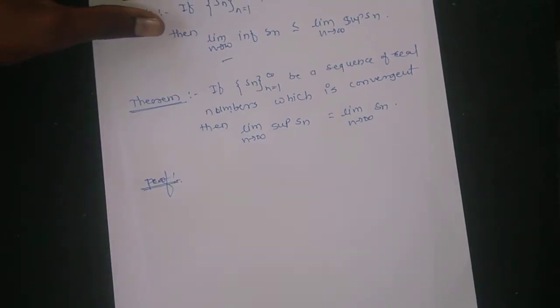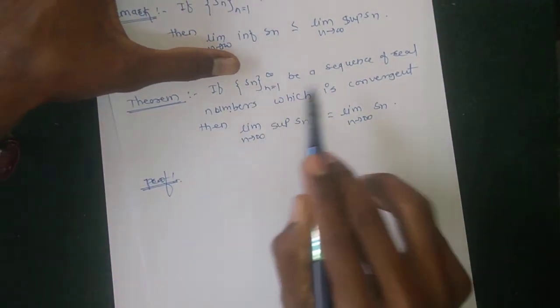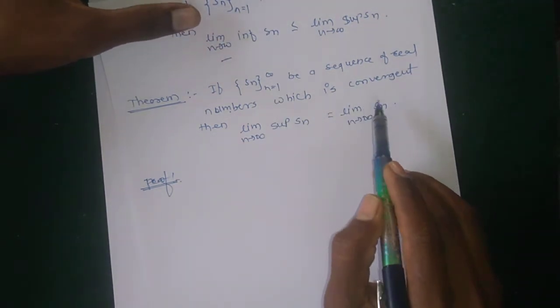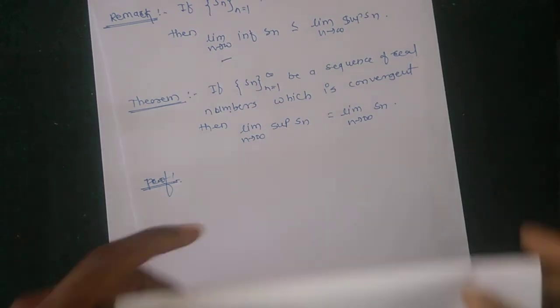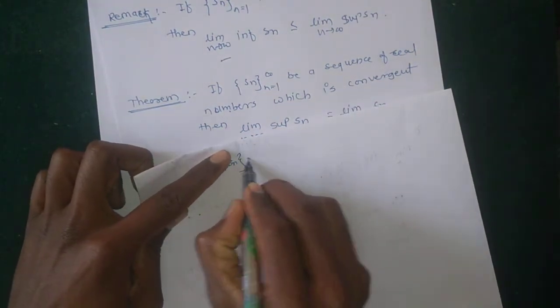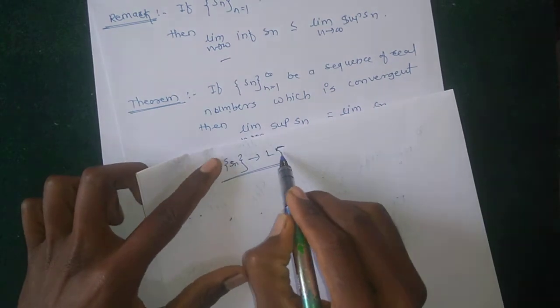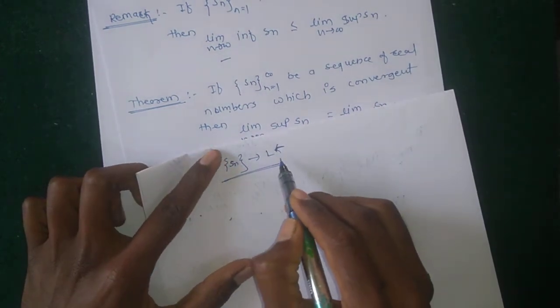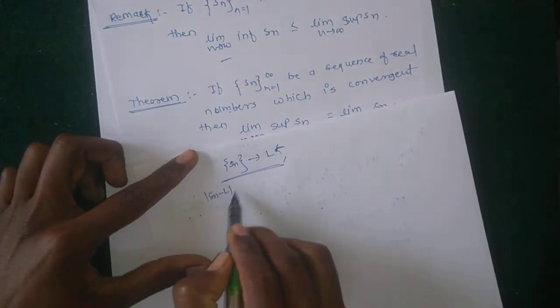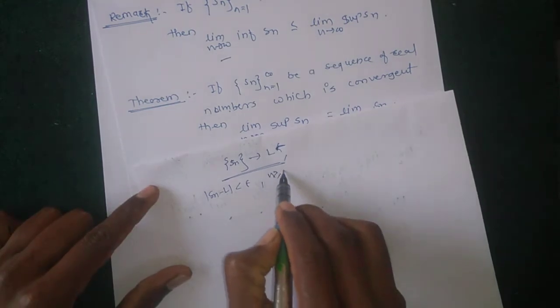Here it is given that the sequence Sn is a convergent sequence, which implies that it has a limit L. Since the given sequence has limit L, we satisfy the epsilon-N definition: mod Sn minus L is less than epsilon whenever n is greater or equal to N.